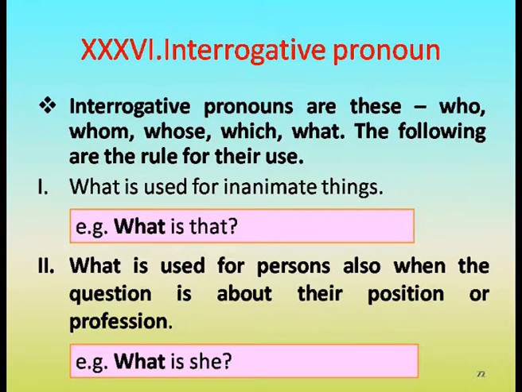Interrogative pronoun. Interrogative pronouns are these: who, whom, whose, which, that, what. The following are the rules for these. What is used for inanimate things. What is that? What is used for persons also when the question is about their position or profession.